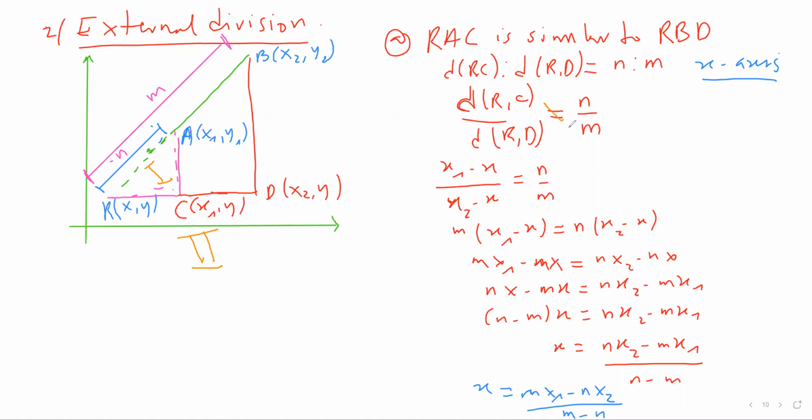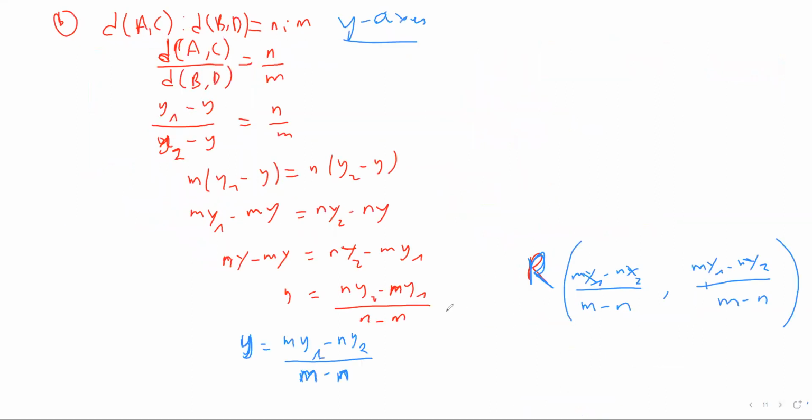So you also do your algebraic manipulation and then the change of subjects, and you'll be able to derive x to be (nx2 minus mx1) over (n minus m). But you can also write it as (mx1 minus nx2) over (m minus n).